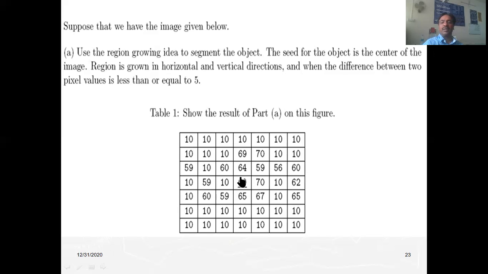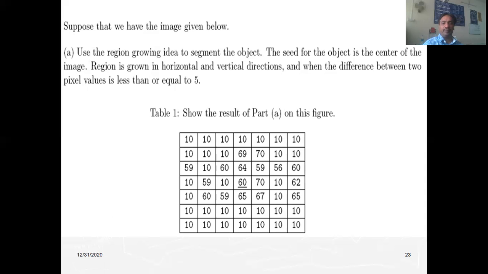You have to choose the center pixel as the seed pixel, and consider the neighboring pixels as belonging to the same region only if the difference between the seed pixel and the neighboring pixels is less than or equal to 5. That is the task we have to accomplish.